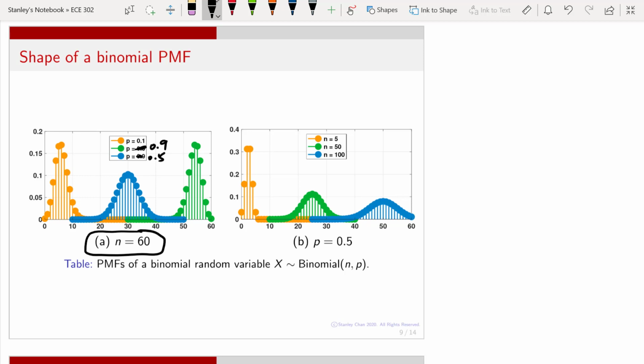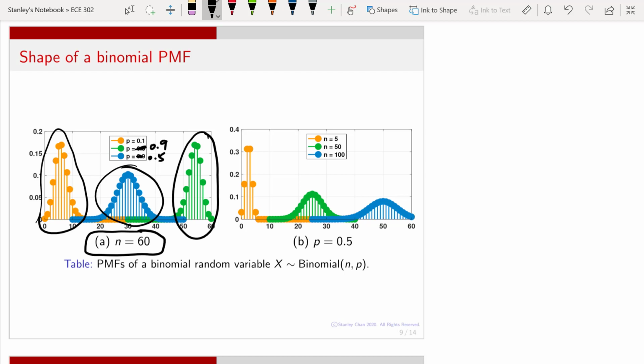When you plot this out, you will see that when p is a small number, then most of the samples will be concentrated in the lower end. If p is a big number, then all the mass will be concentrated at the high end. And if p is 0.5, then it will be centered somewhere in the middle. So this is the shape of the binomial PMF. It changes according to the underlying probability p. It shifts all the way from the left to the right.